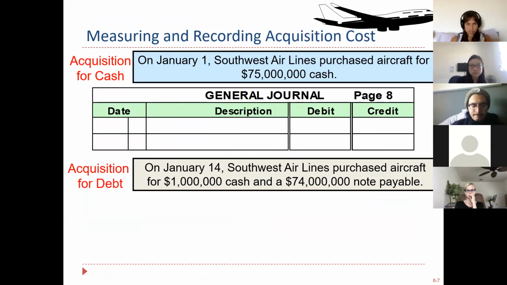We can choose to pay cash if we're lucky enough to do that for something, or we can charge it or take out a loan, or maybe a combination of the two. So there's some different ways there. We certainly know, though, that the debit is going to be a debit to flight equipment for $75 million. And here it looks like they're putting $1 million down and the rest they're taking out a note.